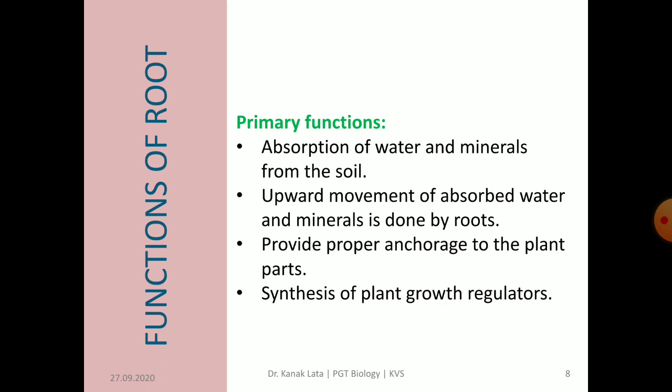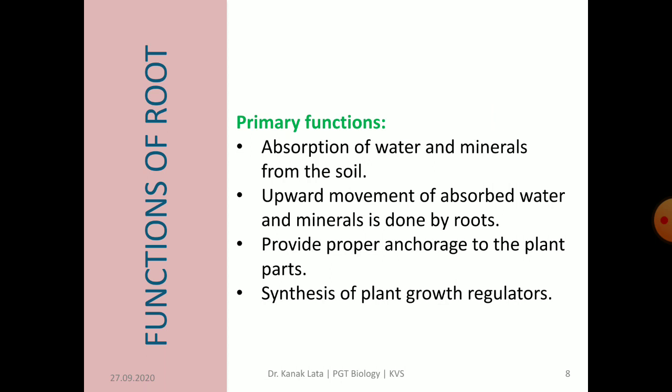Now let us discuss the functions of roots. Root performs both primary as well as secondary functions. So here we are going to discuss separately. First is the primary function of root. The primary function of root is absorption of water and minerals from the soil.